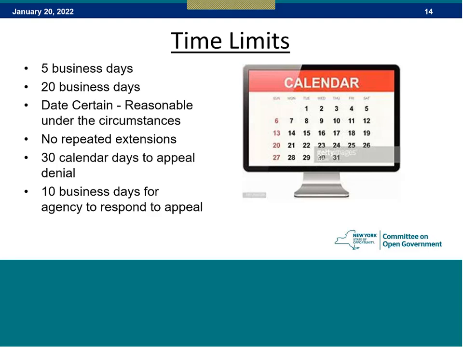So if an agency needs more than 5 business days to respond to a request, what they're required to do is acknowledge the request and give an approximate date by which they plan to respond.